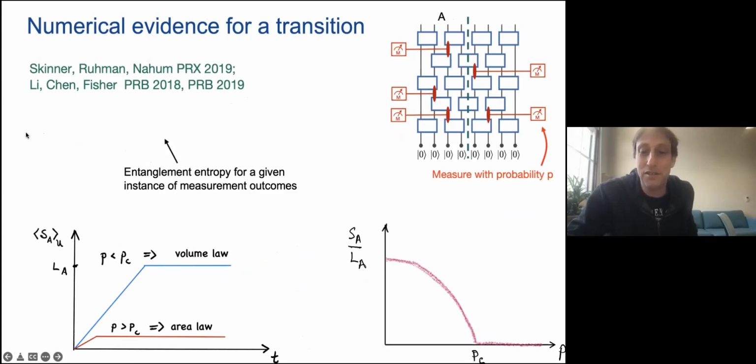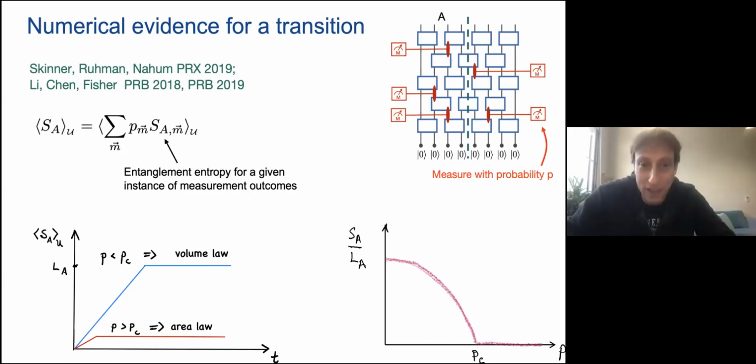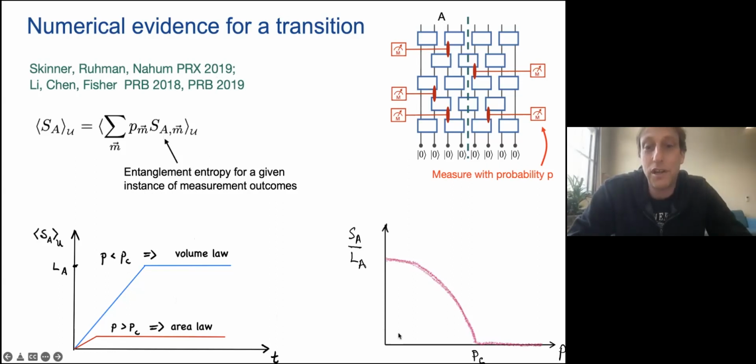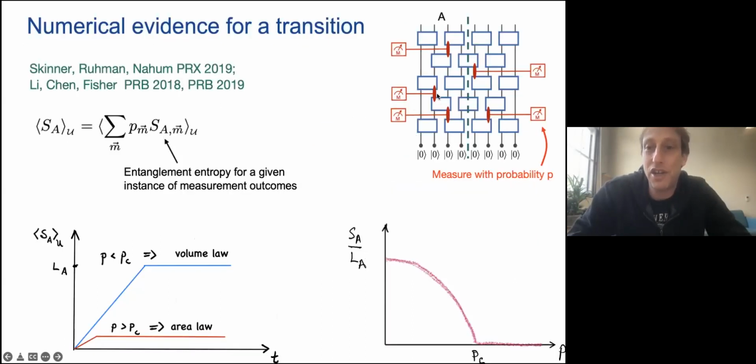And that problem has been looked at numerically first in these papers, using different numerical schemes, and both papers found the same really exciting result, I think. And the exciting result is that there is a phase transition. So as a function of the probability of measurement, I can tune the probability with which I measure per gate.